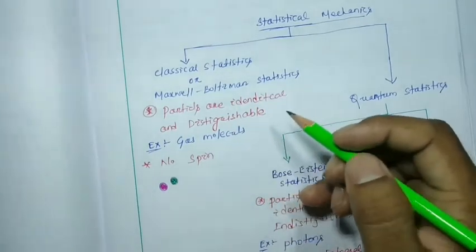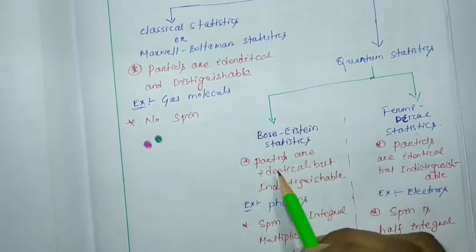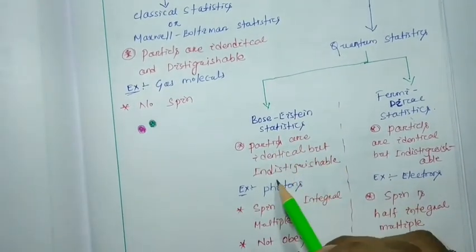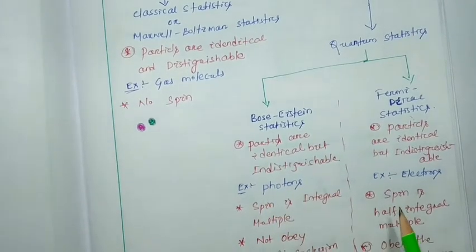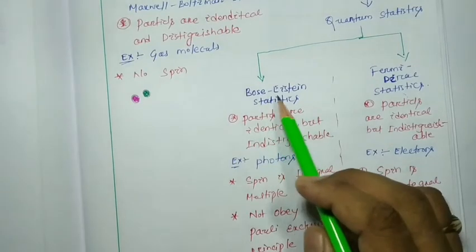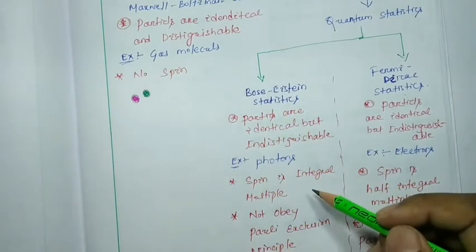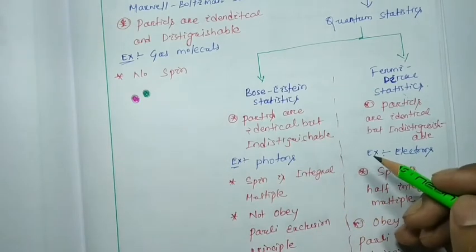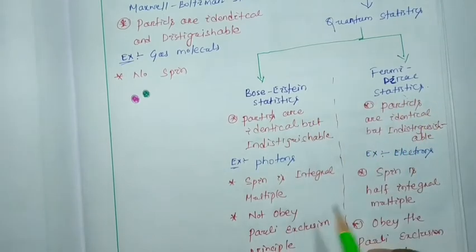Next, Bose-Einstein statistics. In Bose-Einstein statistics, particles are identical but indistinguishable. That is photons. Light particles belong to bosons, so whenever we study the behavior of light particles, we have to consider Bose-Einstein statistics.